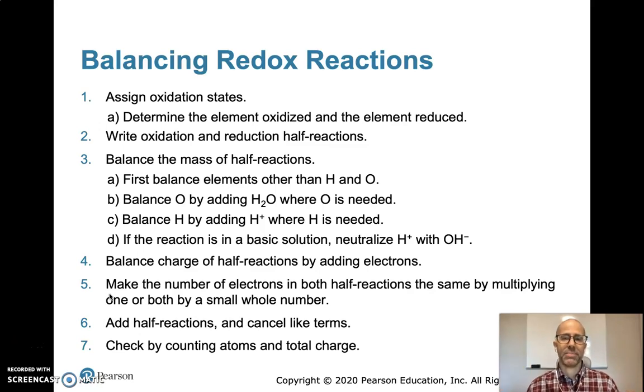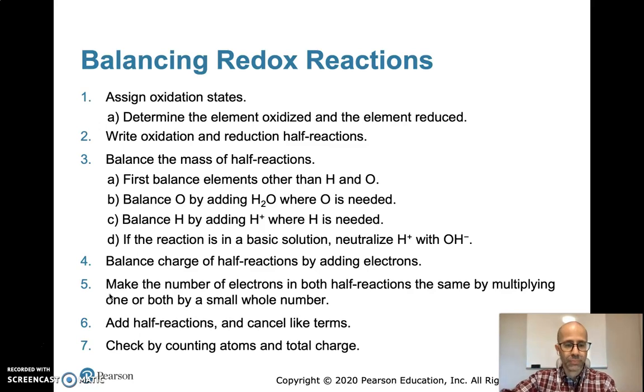The reason that's important is because when you bring back those two half reactions, you want the electrons to cancel out. You don't want electrons left over in your overall equation. The number of electrons given off should be the same as the number of electrons being picked up. That way when you bring them together, the electrons will cancel out.